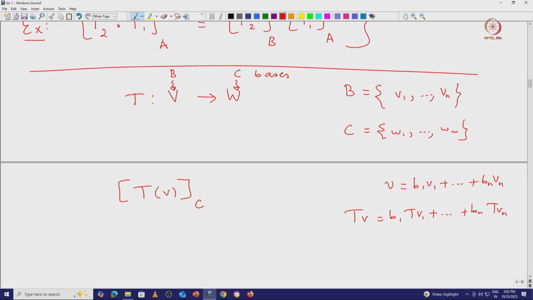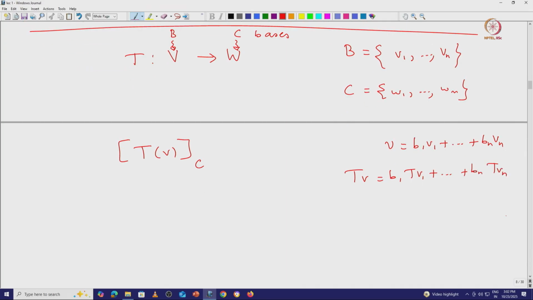Now recall the way we have defined the matrix of T. Tvj is equal to the summation of aij wi, i ranging from 1 to m.